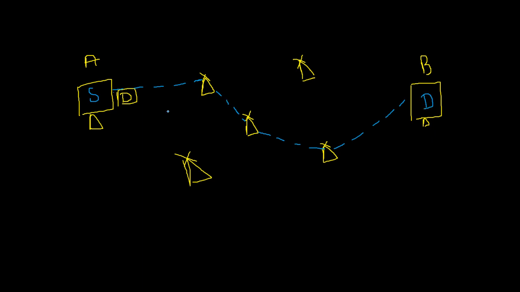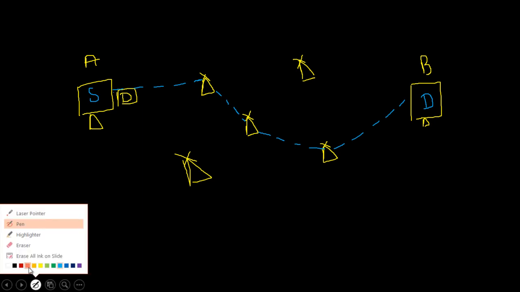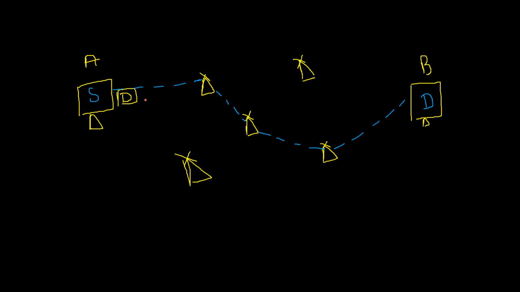So what will happen? First a dedicated path from the source computer to the destination computer is established, and when the path is established, then the data travels from the source computer to the destination computer by following this given path.